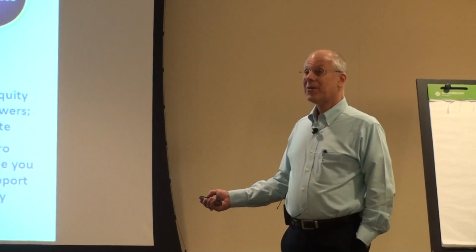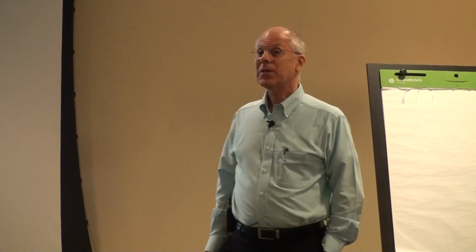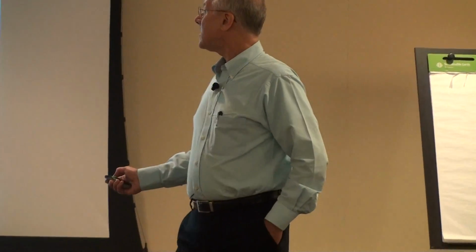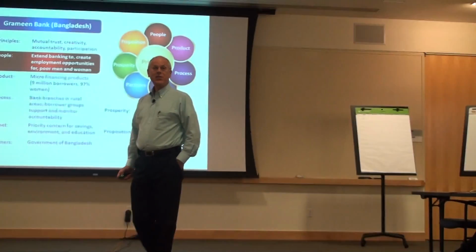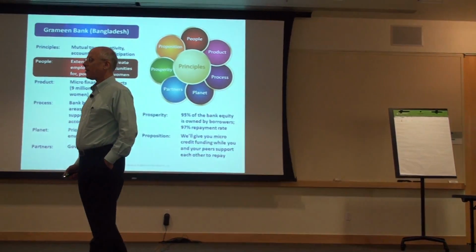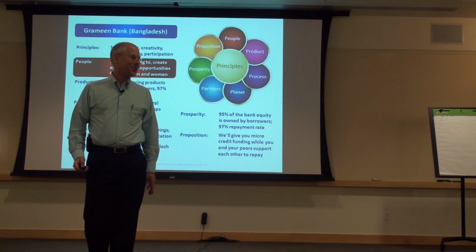A whole different prosperity model. The proposition will give you microcredit funding while you and your peers support each other to repay. And 97% is the repayment rate. Imagine if we had 97% repayment rate on our home mortgages these days. Just to put that in perspective.